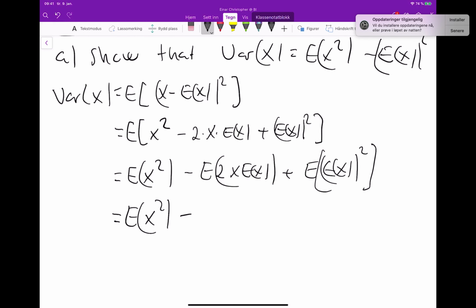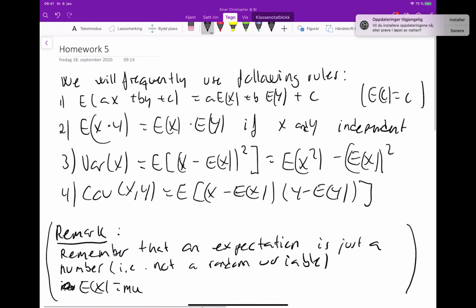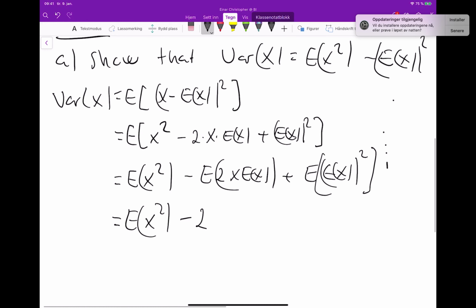And this next one, here we have to remember, we can put 2 outside the expectation, just following rule 1 here. We take the constants outside the expectation, a outside like this. But also the expectation of x is a constant, so I can put this also outside the expectation, in the way we have defined it here.